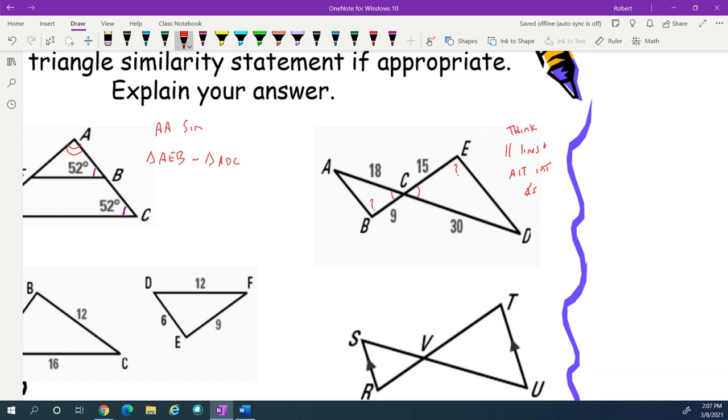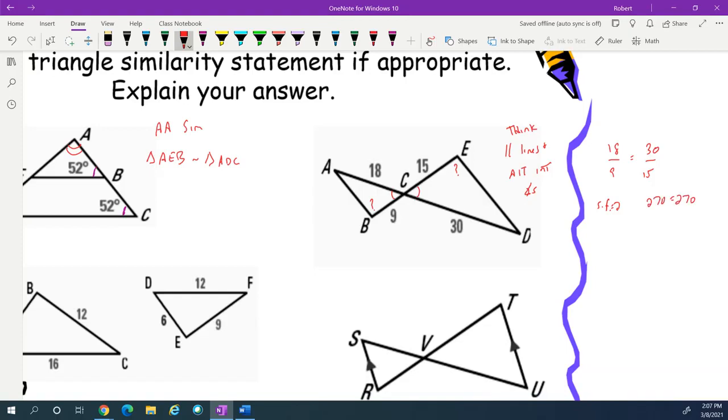18 corresponds to 30. So I'm going to test 18 over 9, 30 over 15. And I get a scale factor of 2. Or I can cross multiply. 270 equals 270.